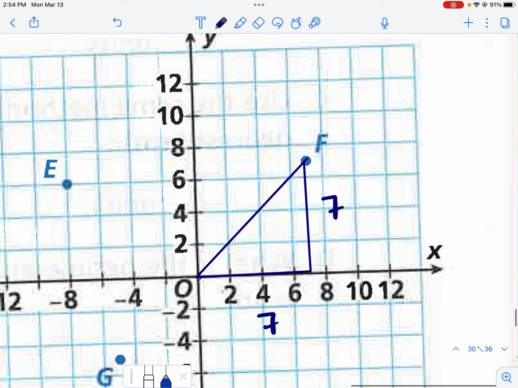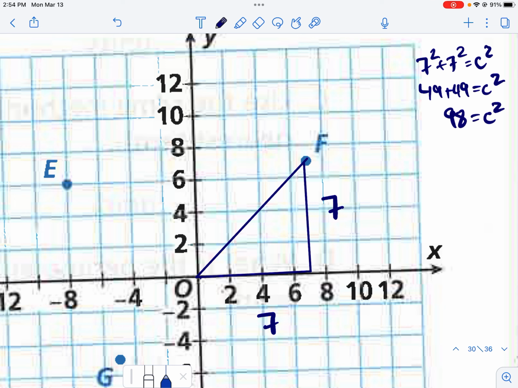So this is 7 squared plus 7 squared equals c squared. That's 49 plus 49 equals c squared. That's 98 equals c squared. So that's going to be just before 100. So I'm going to say 9.8. So that's close, but no.